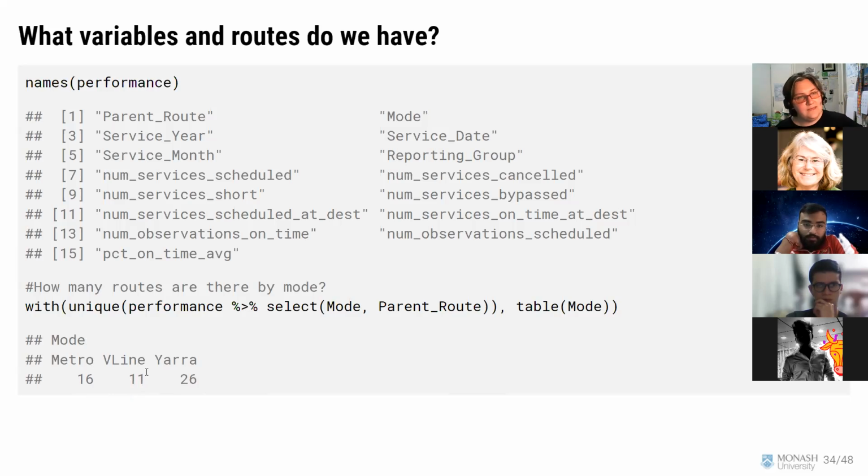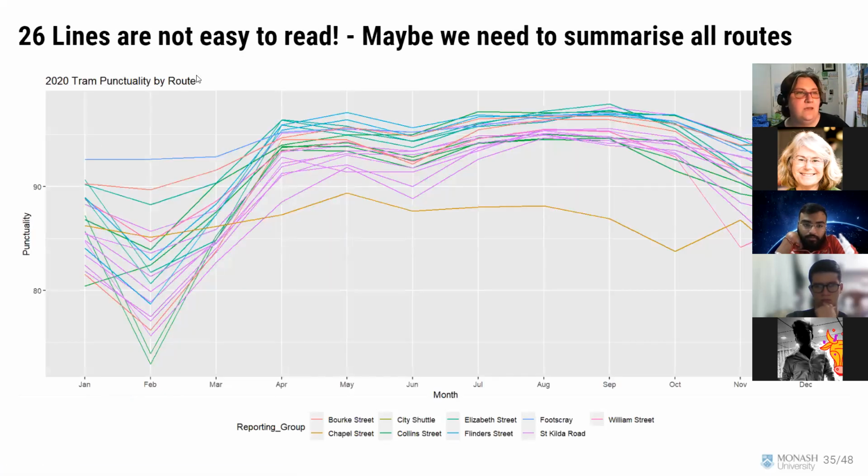So we've got these things that have been calculated for us, but they're at too detailed a level. So if we plot this, this is filtering on tram. There are 26 lines here, and I've just colored them by a reporting group, which you'll see in the tute. That's a higher level of the data, and it'll have a few different routes together.